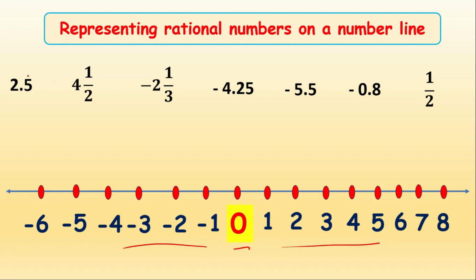The first number, 2.5, is positive. So in the positive part we have 1, 2. 2.5 is in between 2 and 3, because it is 2 and we add a part, so it will be in between 2 and 3, in the middle.